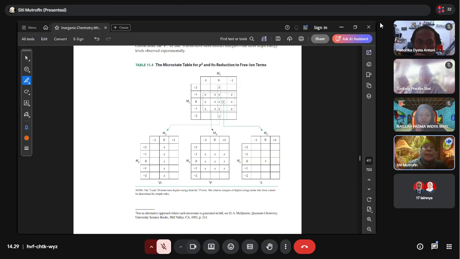Usually, this number represents the suborbital of D, so choose D to represent L. Second, the ML column also contains +1, 0, and -1. It belongs to the p orbital. So straight away you can write down that the L value could be P equal to 1.